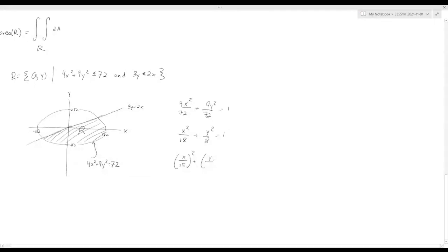I would probably do something a little different here. Let's first try to turn this ellipse into a nice circle. 4 times what is 72, right? So 4 times 18.